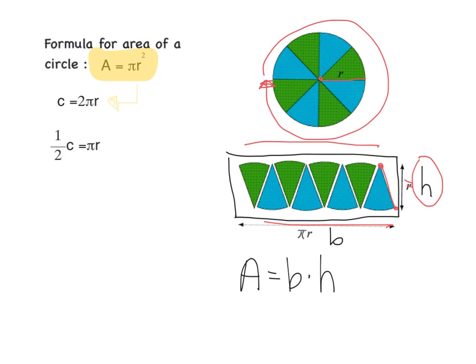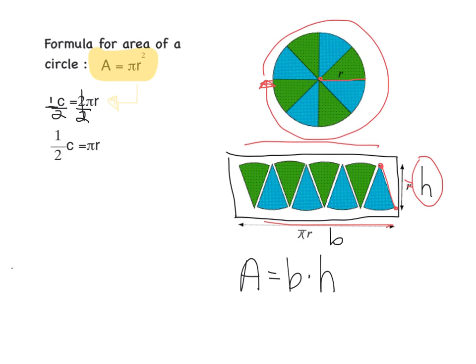So now let's think about this in a slightly different way. Going back to our circumference formula, if I do some simple math and kind of manipulate this, if I divide by 2 and divide by 2, okay, to even out my equation, I see that my 2's cancel out and this invisible 1 comes up over here.